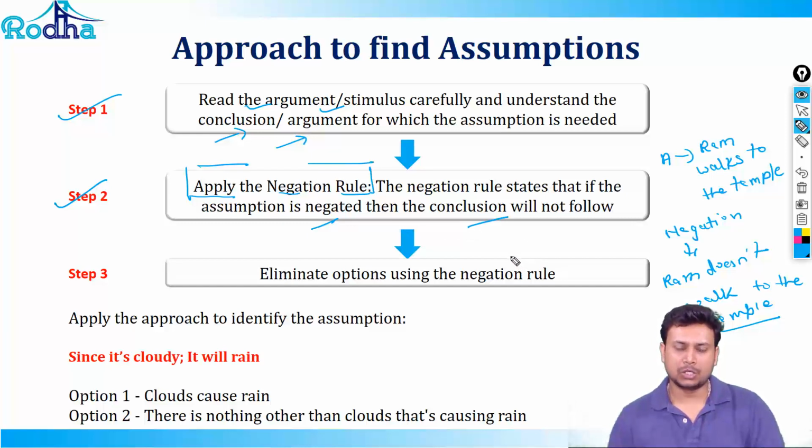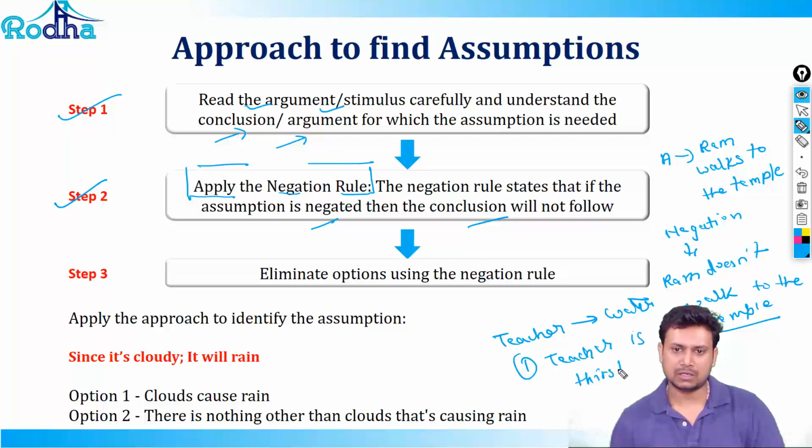Let's go back to our previous question of teacher asking to get a glass of water. One of the options that we were deliberating is whether the teacher is thirsty. Now let's assume this is the answer. So if you assume teacher is thirsty is the answer, let's apply the negation rule.